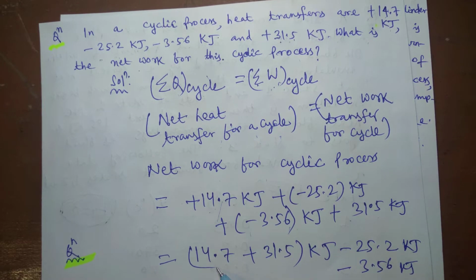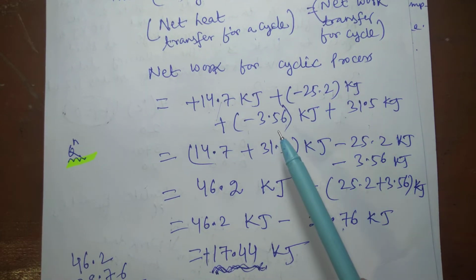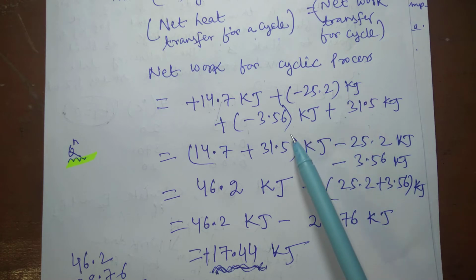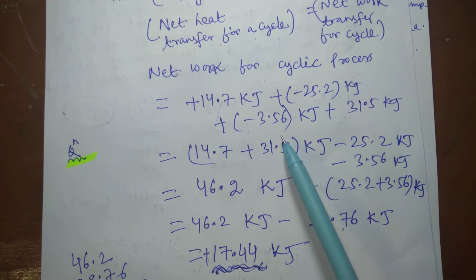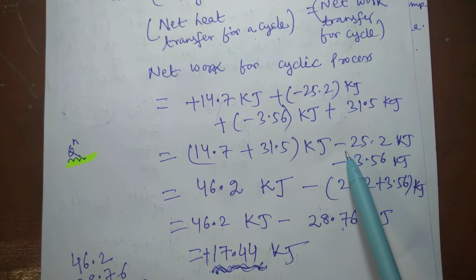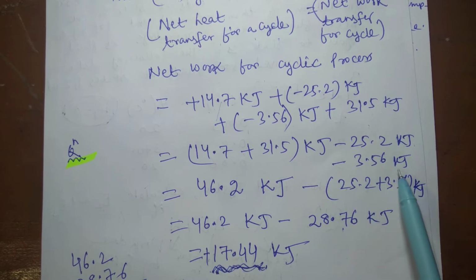So it will be 14.7 plus 31.5, since there are two positive heat interactions. That means two heat interactions are from the surroundings to the system, and two heat interactions are away from the system towards the surroundings. That's why the minus signs are there. So this is minus 25.2 kilojoule and minus 3.56 kilojoule.